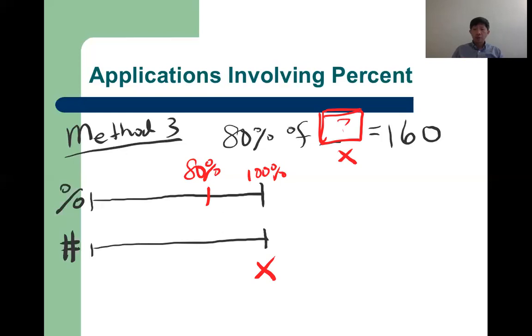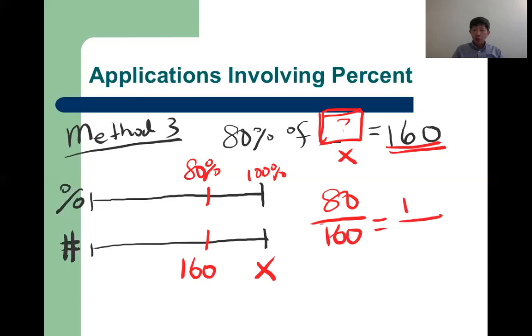It's equal to 160. 160 is right there, so we set up the equation: 80 over 160 is equal to 100 over x.